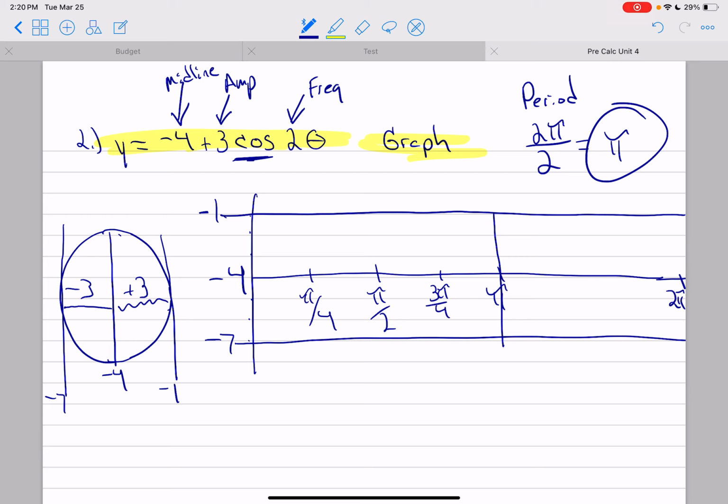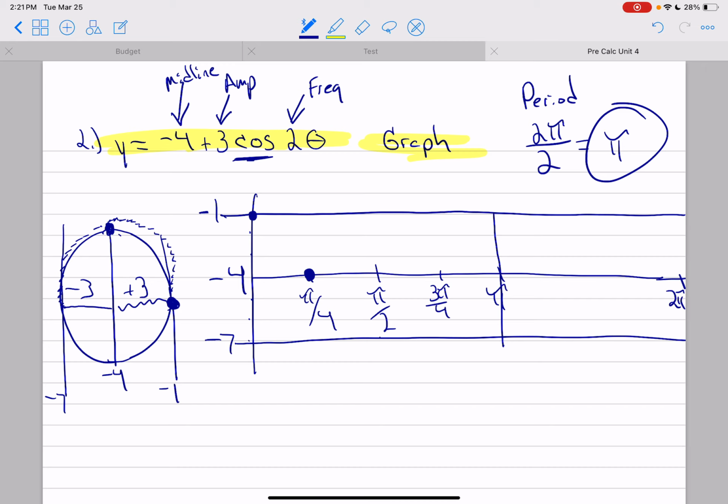Okay, so now let's talk about this thing. First stop, right here. I happen to be at -1. Moving around, second stop, right here. I happen to be at -4. Moving around, third stop right here.